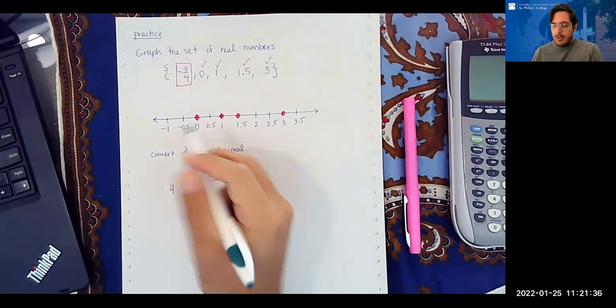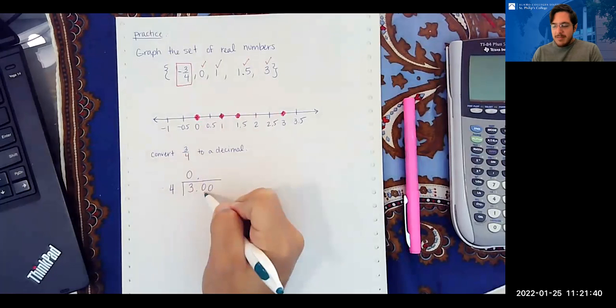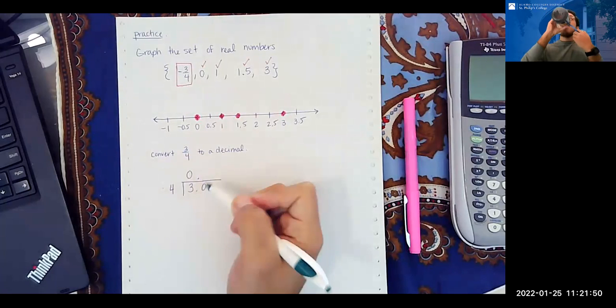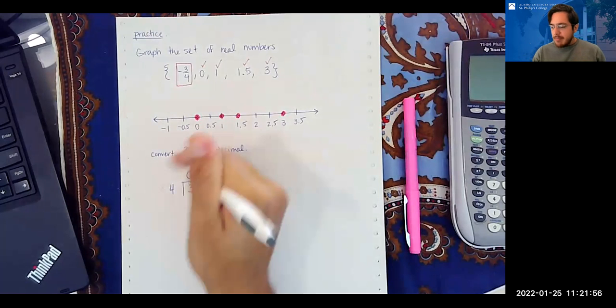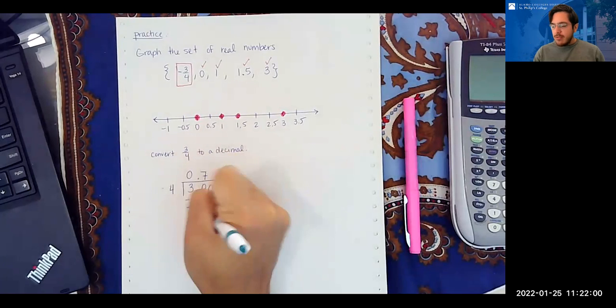How many times does 4 go into 30? Seven, so that equals 28. Yeah, so 7 times 4 is 28, which means that when I subtract this, I should get 2.